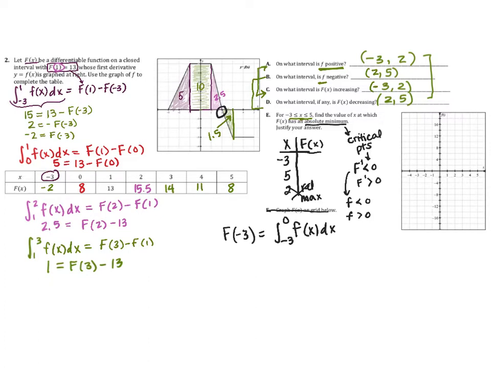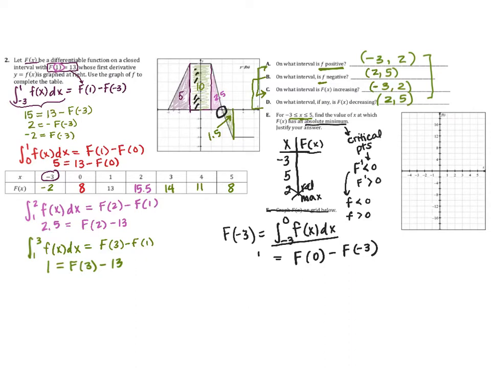So let's go ahead and fill in the rest of it, though. We know that's going to be equal to f at 0 minus f at -3. And again, here we're going to find this integral. So from -3 over to 0, we have 5 plus 5 more, because this portion here is also 5.